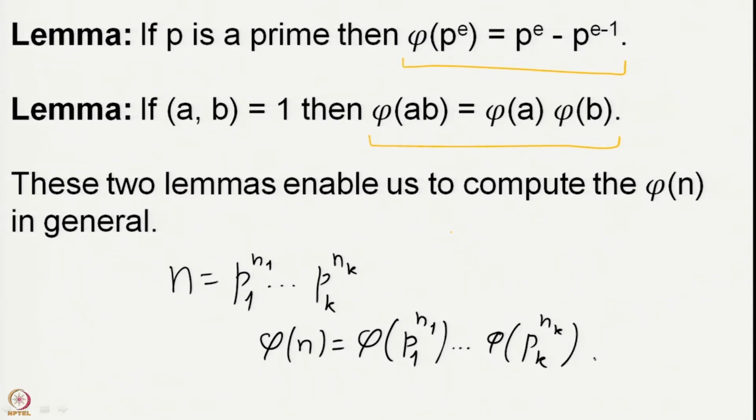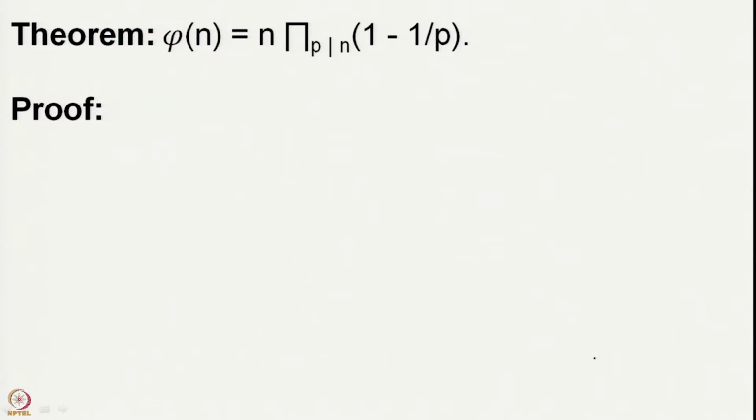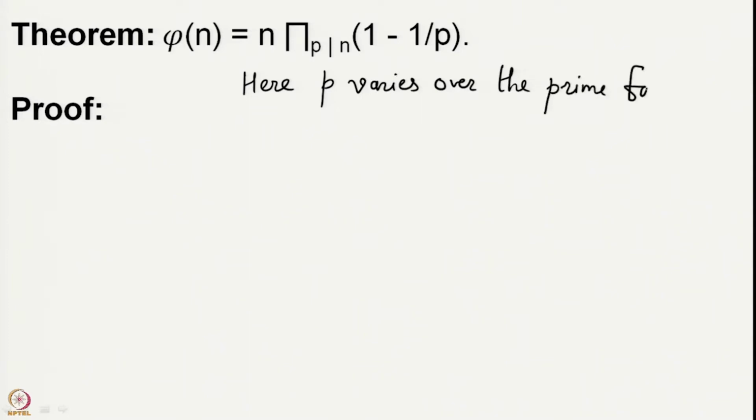There is however one more formula which is quite useful, and it is this formula. So, this formula is actually quite easy. It tells us that the Euler phi function is n into the product of 1 minus 1 upon p, where p varies over the prime factors of n, and this symbol that you see here stands for product.